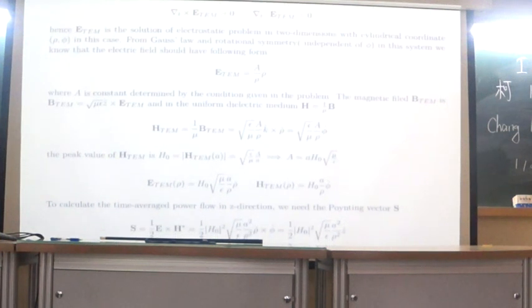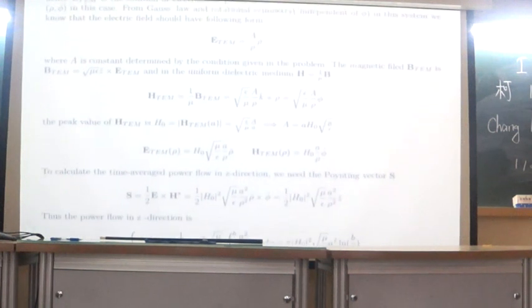If you need to take a photo, it is okay. And from the problem, we know that the peak value of H is H0. So the peak value H0 is equal to a constant times A divided by little a, where little a is the radius of the inner conductor. So with these relations, we can determine that the capital A is equal to this.